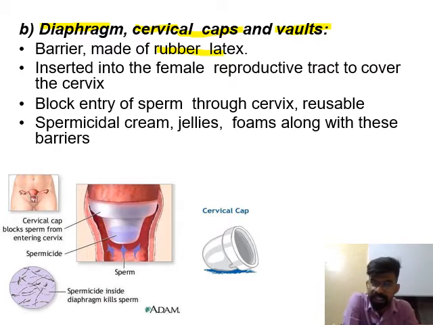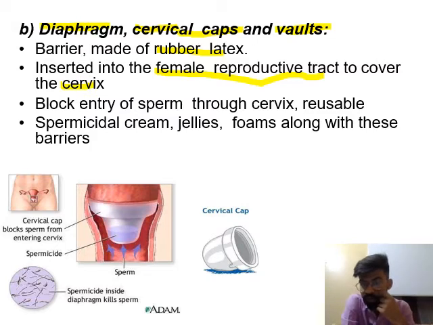The diaphragm, cervical caps, and vaults are inserted into the female reproductive tract, which means they are mainly for females. The diaphragm and cervical caps cover the cervix portion present in the female reproductive tract.